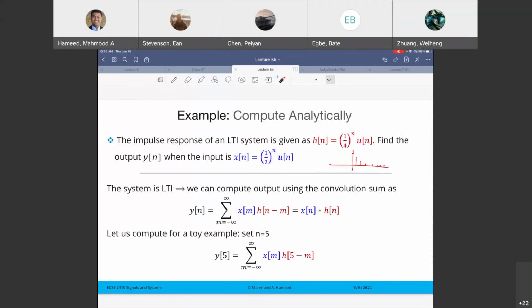Because whenever you are doing convolution, there are a few steps involved. One is flipping of one signal about the y-axis. And then after you flip it, you move it across the first signal. And every time you move, you multiply, add, multiply, add, and so on to get your output elements.